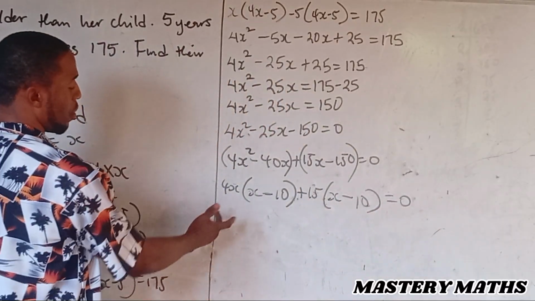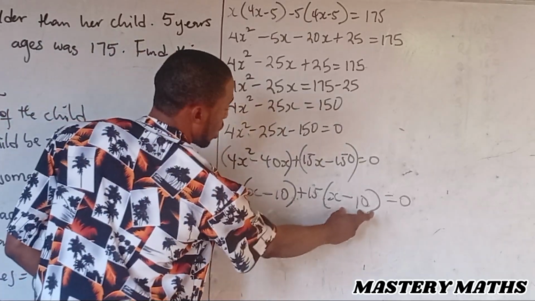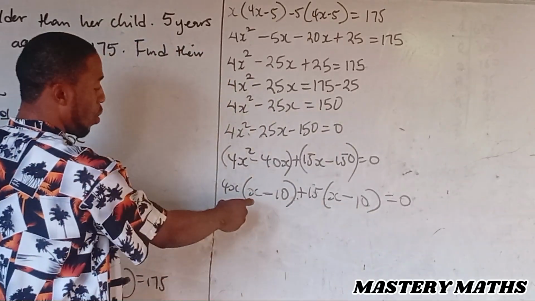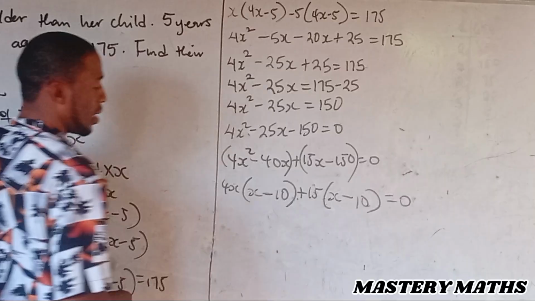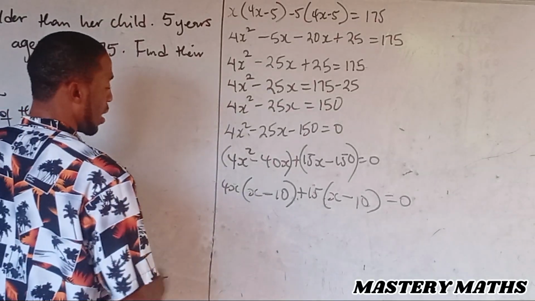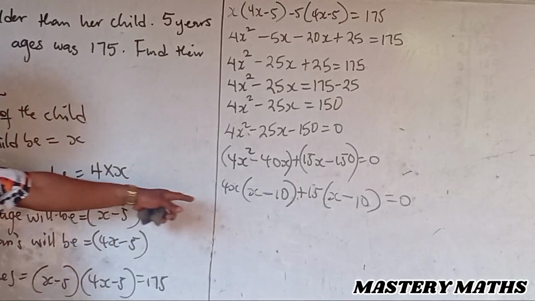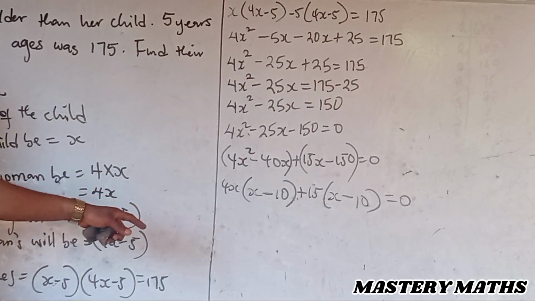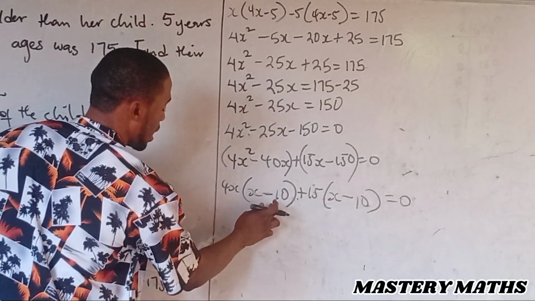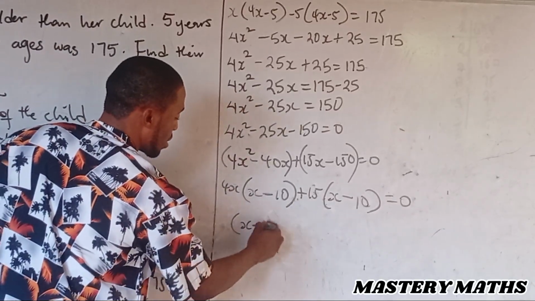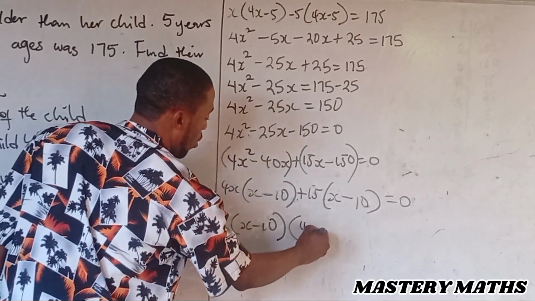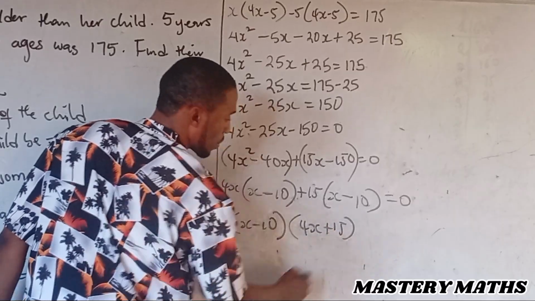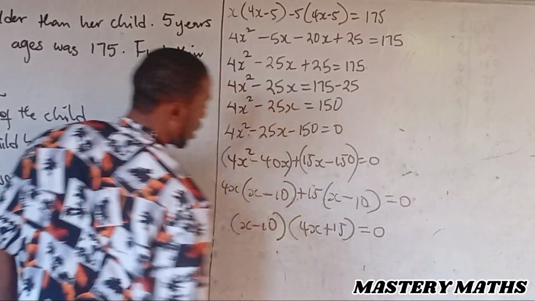Then you put your equal to 0. Now, after we've gotten the two brackets to be the same thing, we take one inside the bracket and the other one outside the bracket. We take inside the bracket, which is x minus 10, and the one outside, which is 4x plus 15, equal to 0.